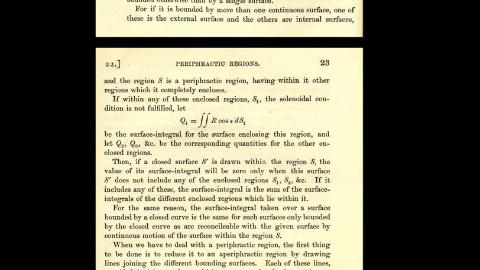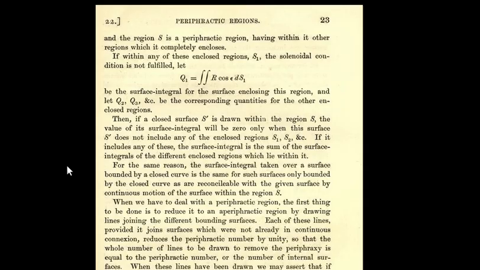And the region S is a periphractic region, having within it other regions which it completely encloses. If within any of these enclosed regions, call one S1, the solenoidal condition is not fulfilled, let Q1 equal the surface integral of R cos ε dS. This is the surface integral for the surface enclosing this region, and let Q2, Q3, and so on be the corresponding quantities for the other enclosed regions.